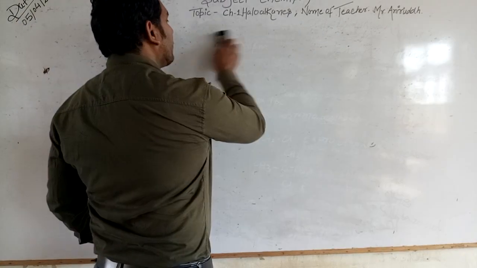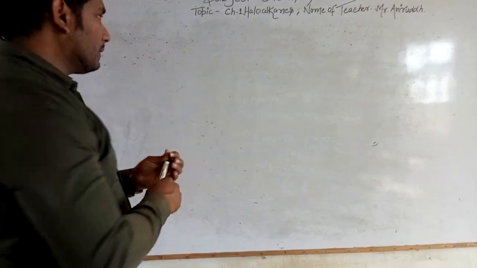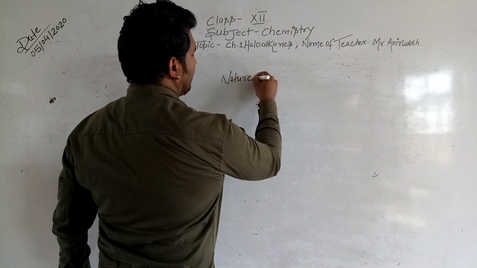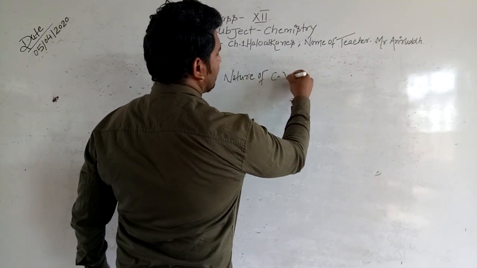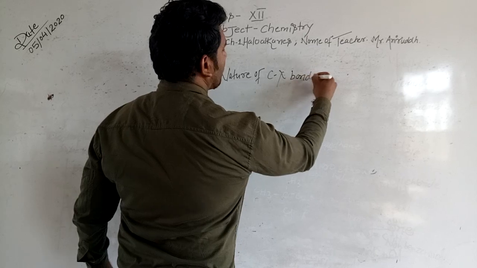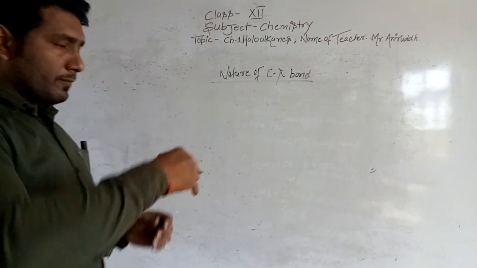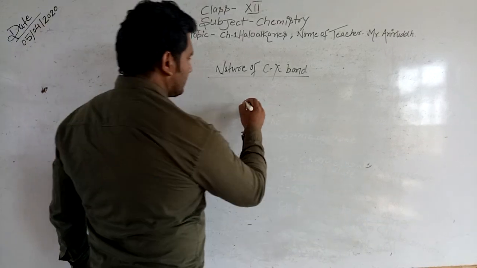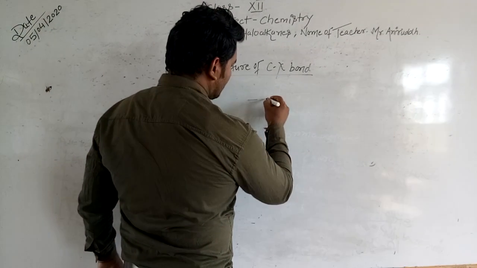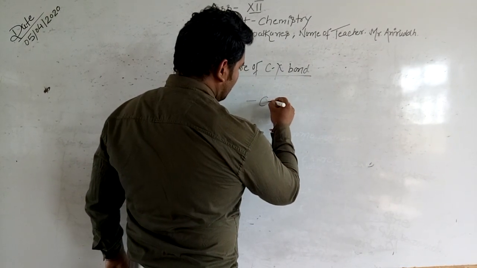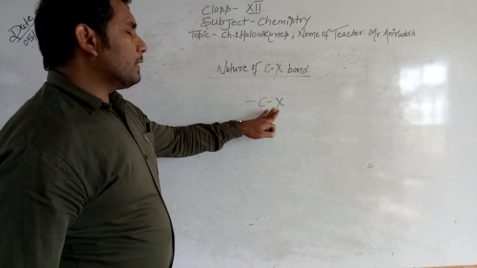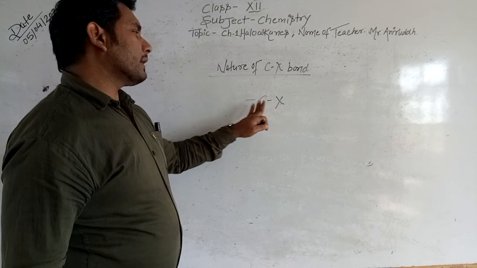Now I am going to discuss the nature of the C-X bond. What would be the nature of the C-X bond? So the C-X bond is polar in nature because the halogen is more electronegative than carbon.